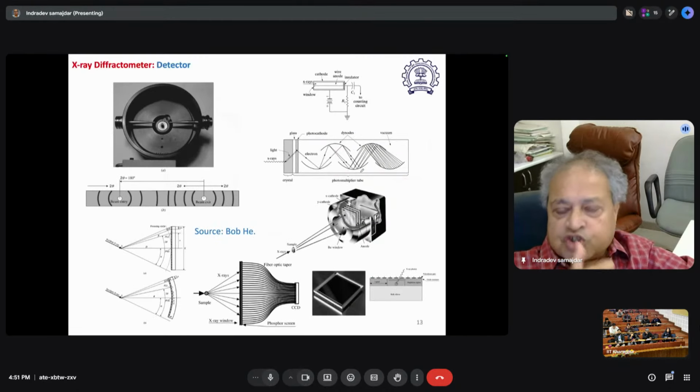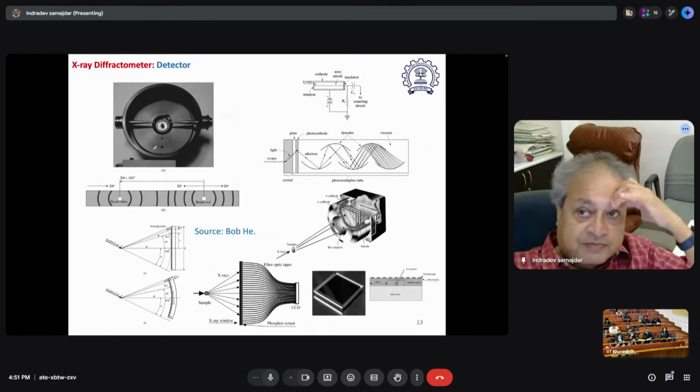It almost reproduces your Debye-Scherrer cameras of ancient times, but you can do it. Remember, you have the gas proportional counter. You have the scintillators; a scintillator has better energy resolution.